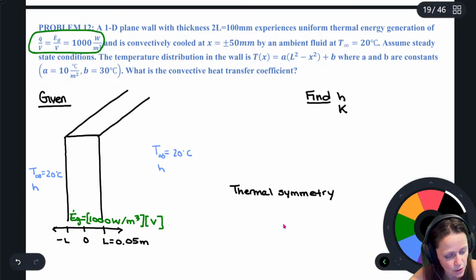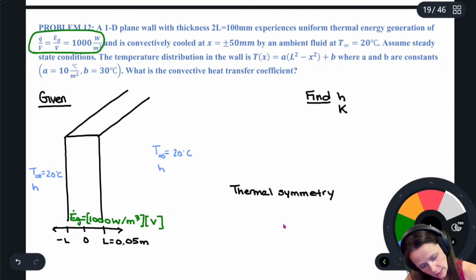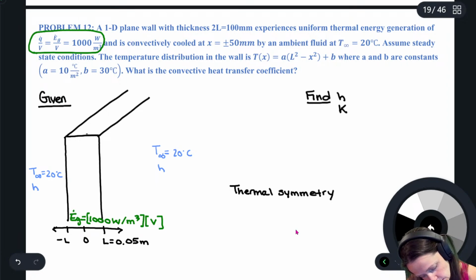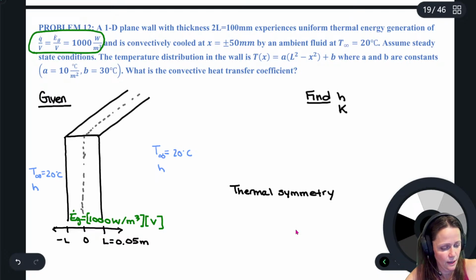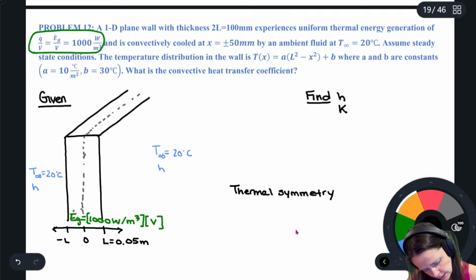And so if I looked at what my temperature distribution actually looks like, so this is my midpoint. If I wanted to look at that temperature distribution, it would look something like this.